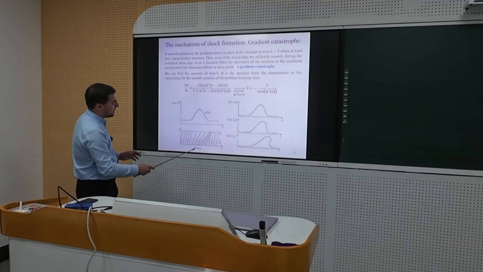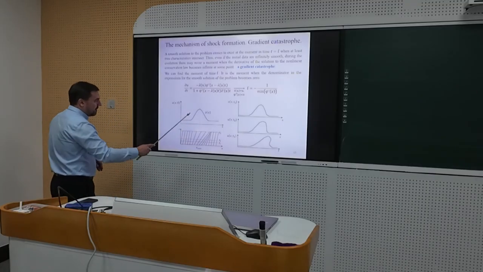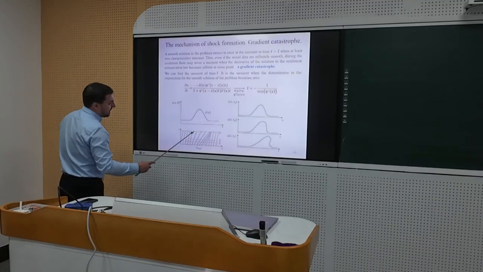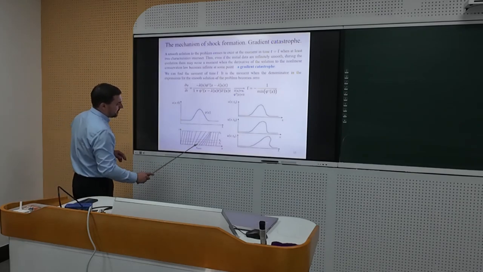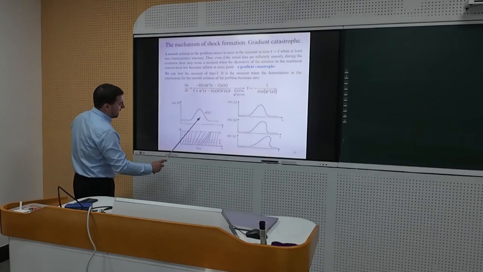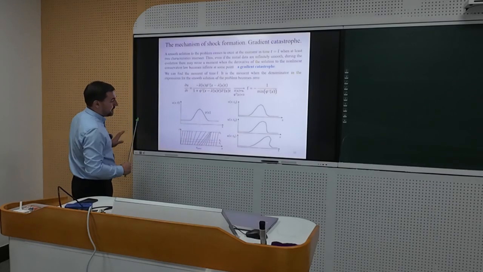So the extra is the abscissa of the extreme point. But in the region where psi decreases monotonically, you will have the intersection of characteristics. And here, all the characteristic lines are parallel to each other, like for just the linear advection equation.